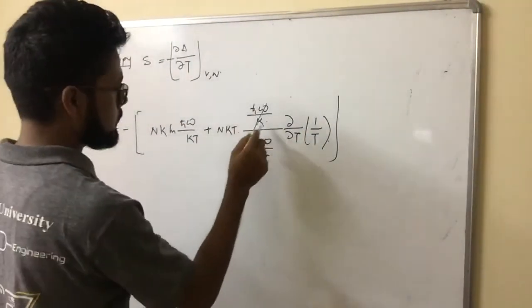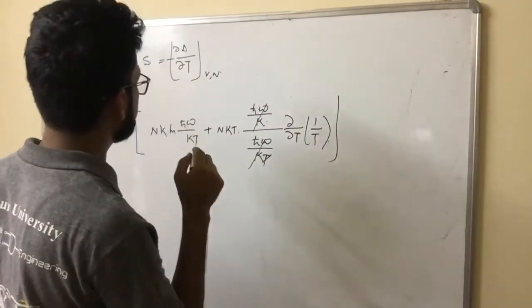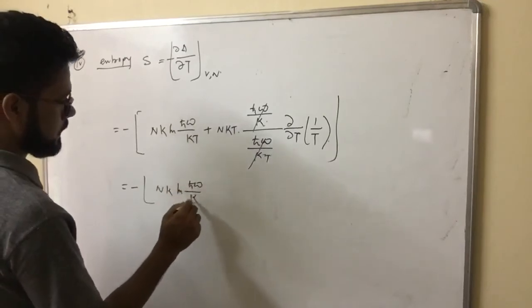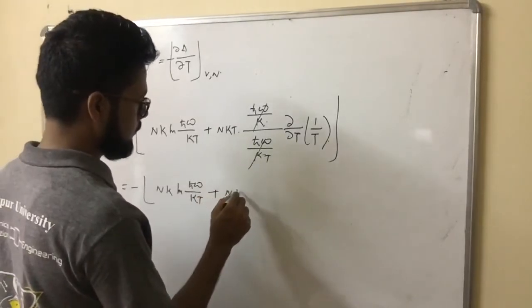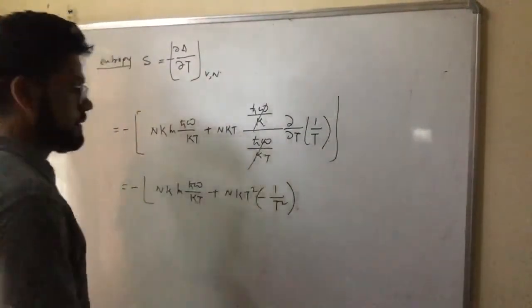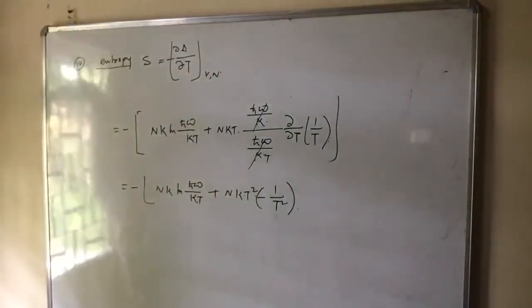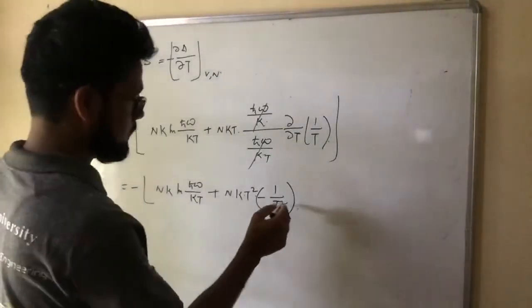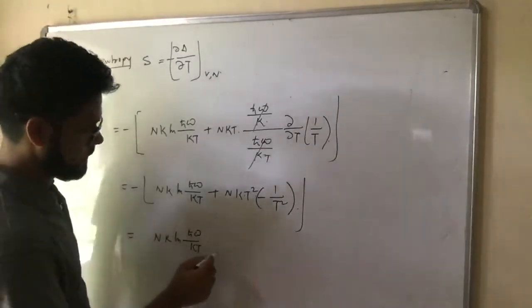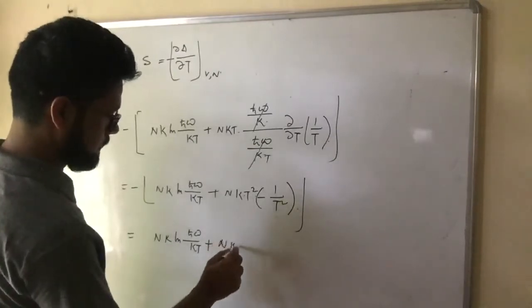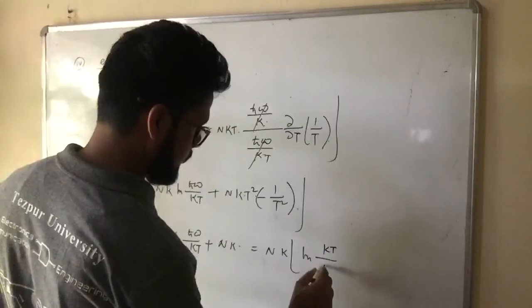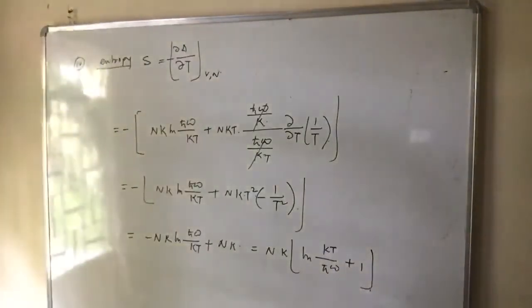This whole part cancels, T never cancels, minus nk ln(h cos omega by kT) plus nk, the derivative of 1 by T gives minus of 1 by T square, times T. So it will be nk ln(kT by h cos omega) plus 1, with the overall minus sign.